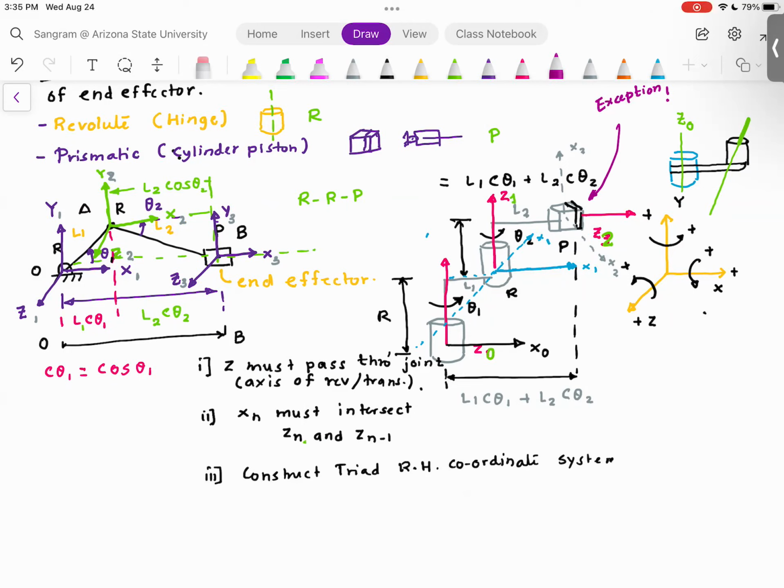So what I'm going to focus on is the first revolute joint and the second revolute joint. So x0, then I have z0. Can you see that my y0 needs to go out like this?